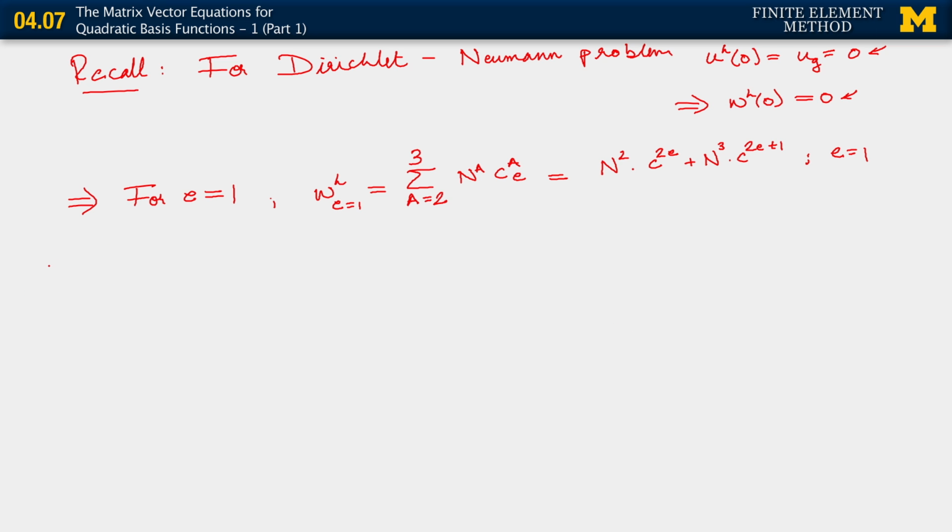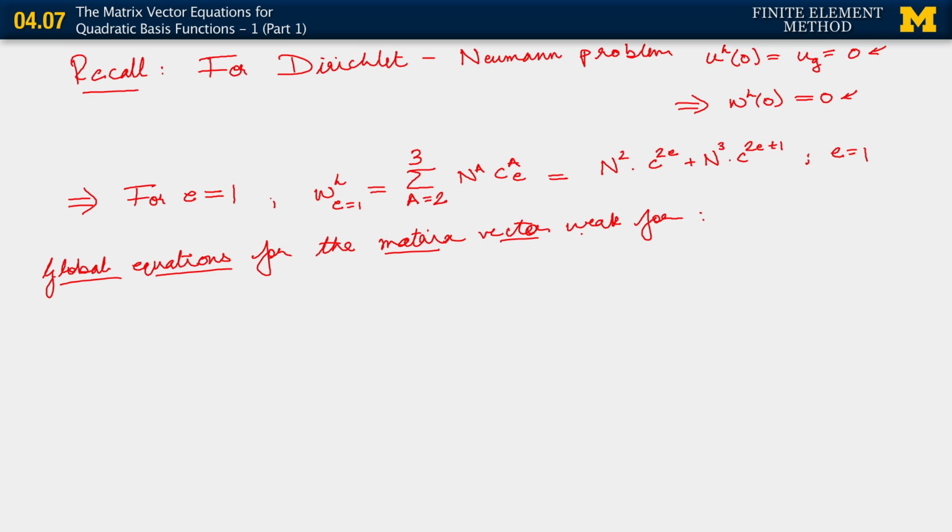Here's what we get: our global equations for the matrix vector weak form take on the following form.